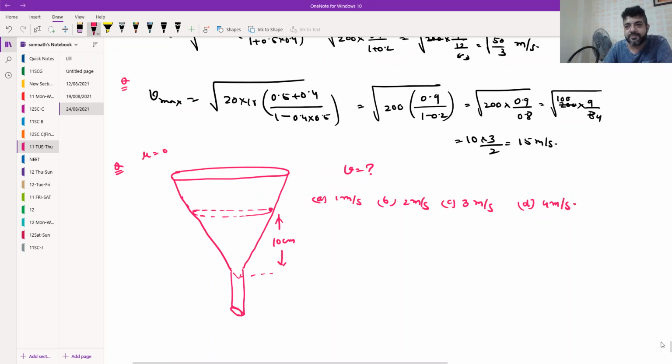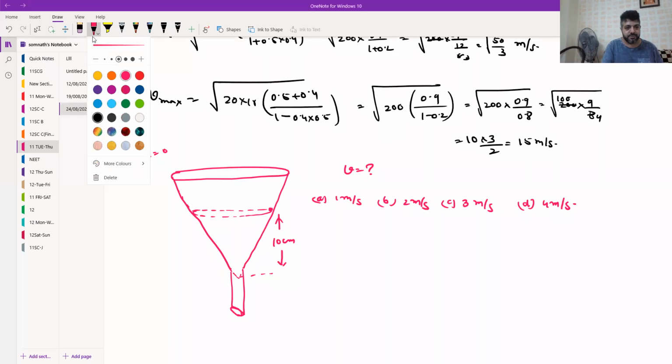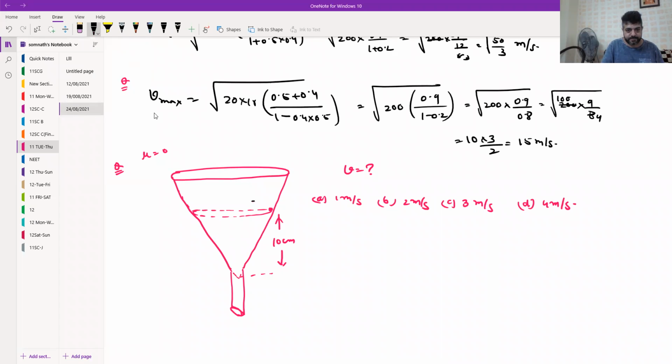Okay, I'm again giving you. So what we can do: this is the normal reaction, and this angle is theta. Sorry, I forgot to give this. This angle is also theta, this angle is 90 minus theta.